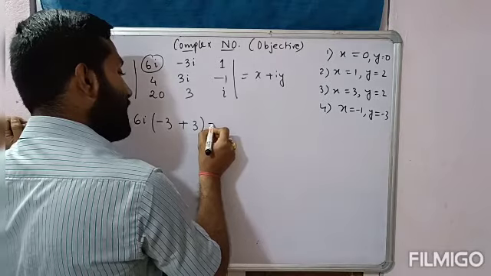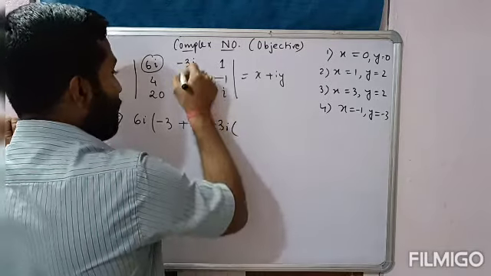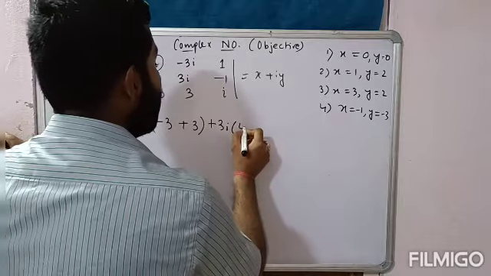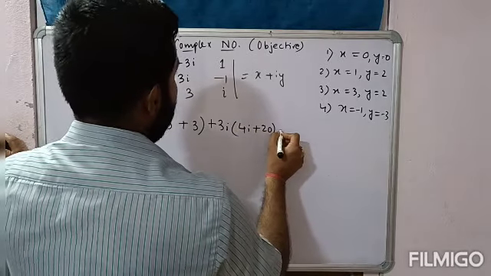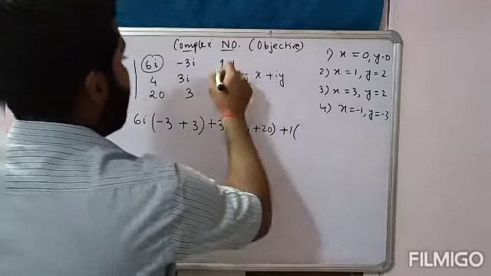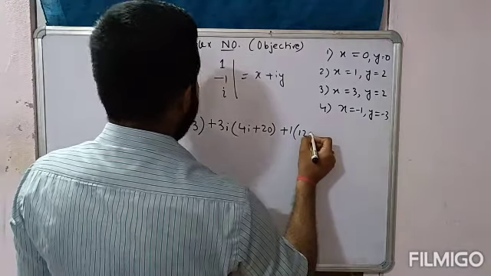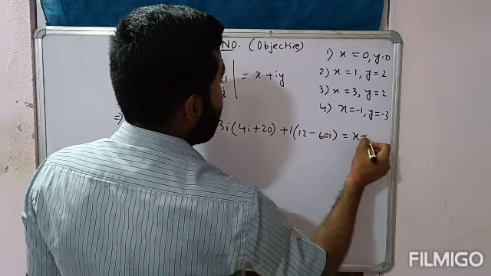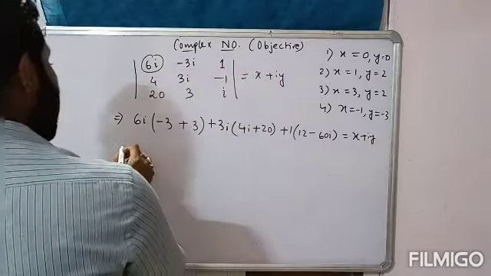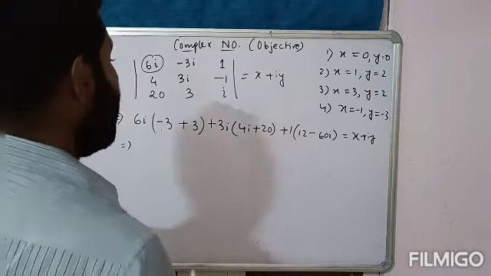In the middle there is always a minus sign, but minus of minus will become plus 3i. Now delete the position, 4 into i, that is 4i, minus plus 20, plus 1 into, now delete the position of 1, 4 threes are 12 minus 60i, which is equal to x plus iy. So after expanding we got this. So minus 3 plus 3 will become 0. So the first term will be 0.